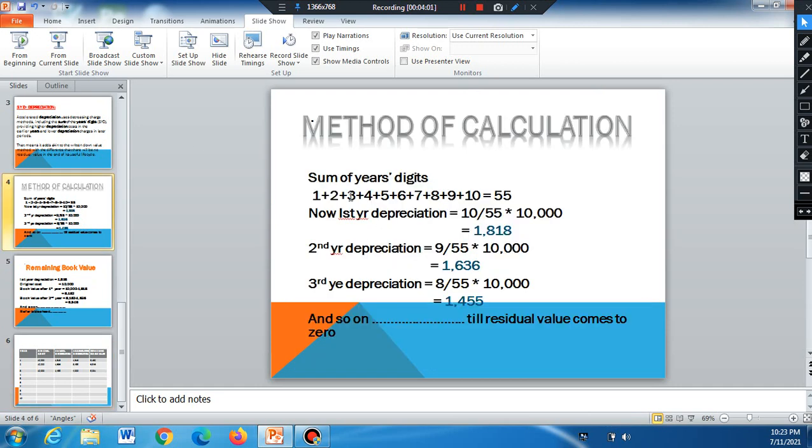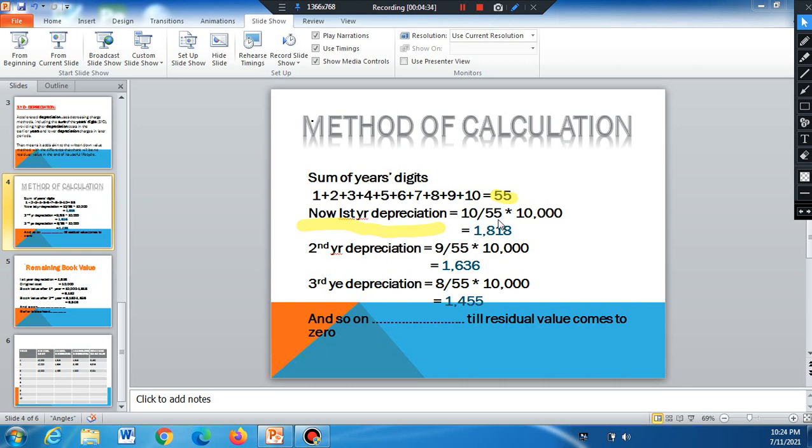Go back. Since it is SYD, sum of years digits, how many years? 10 years. If you keep on adding all those years together, this gives you 55. Now we have to calculate the first year depreciation. The method we apply here is 10 by 55 for the first year.